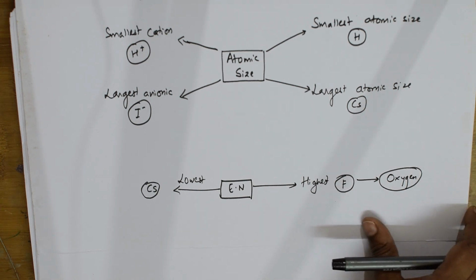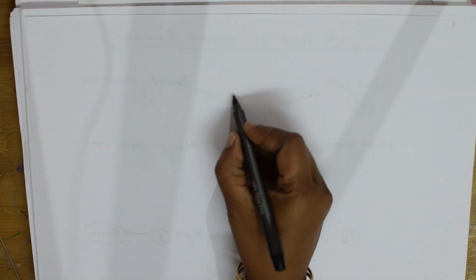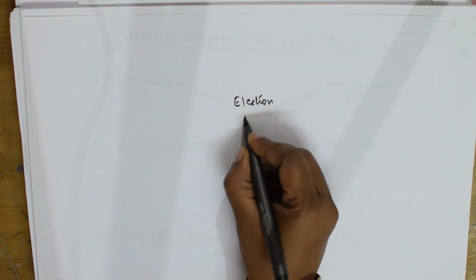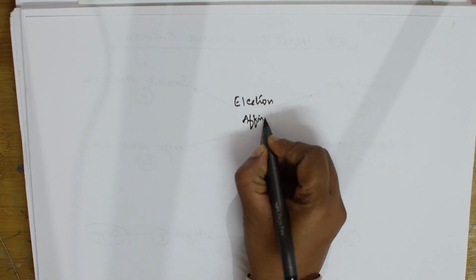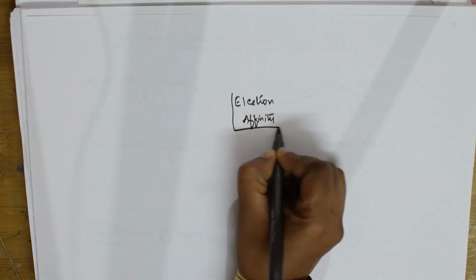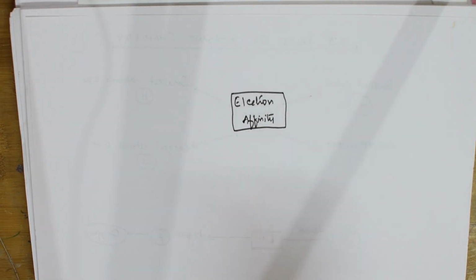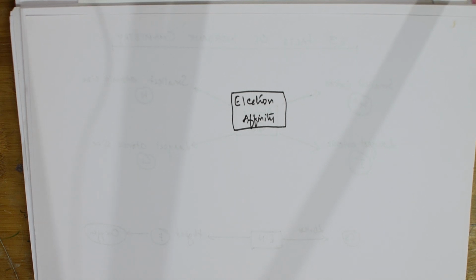Done, students. Now let's come to the next factor, that is electron affinity. For electron affinity, again I will take the same square box and learn two categories under it. Lowest I'll take on this side, highest on this side. In the next video I'll be teaching what electron affinity is and what the trends are in the whole periodic table.